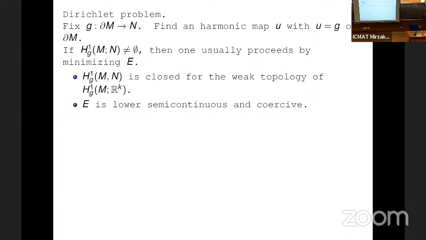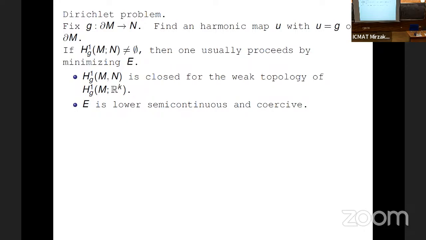Let us play a little bit with the boundary condition now. Suppose that for the moment I'm not imposing any kind of boundary condition, but now you want to solve a Dirichlet problem.